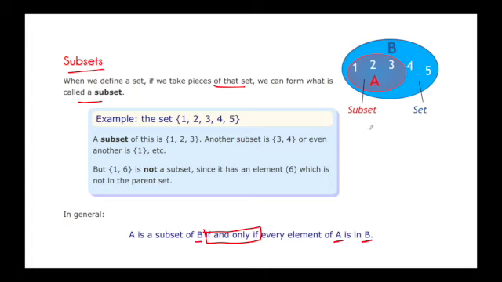And honestly, to tell you the truth, I forgot the symbol. You have two types of subsets. You have a proper subset and you have an improper subset. I can't remember which is which though, but we'll see the symbols for them just now.